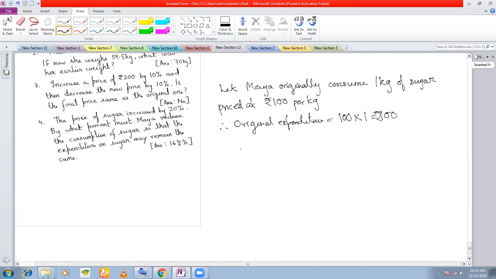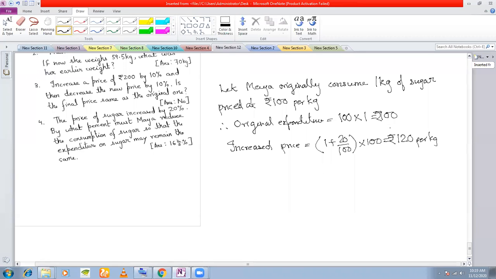So what is the increased price? 120. Increased price is 1 plus 20 by 100 into 100. So this becomes rupees 120 per kg.